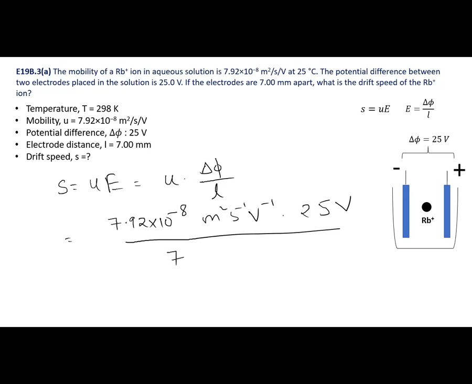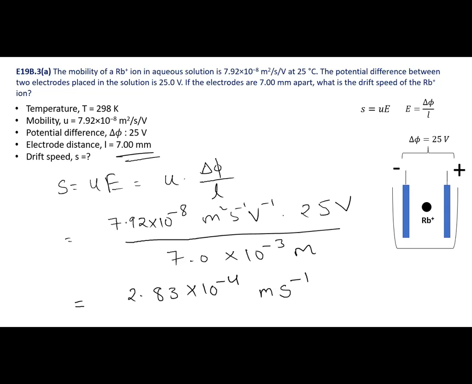I'm going to convert the millimeters into meters. Then it becomes 7 times 10 power negative 3 meters. If you do the math, you should get 2.83 times 10 power negative 4, and the units will be meter per second.